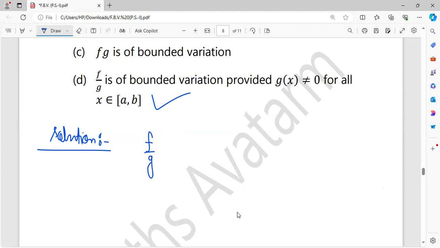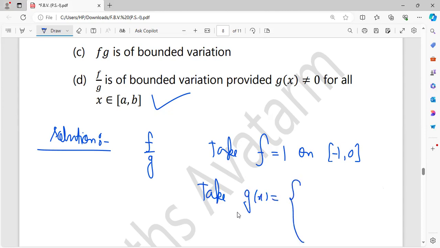So let's take f(x) is equal to 1 on -1 to 0, and take g(x) is equal to x if x is in -1 to 0 open, and 1 if x is equal to 0.